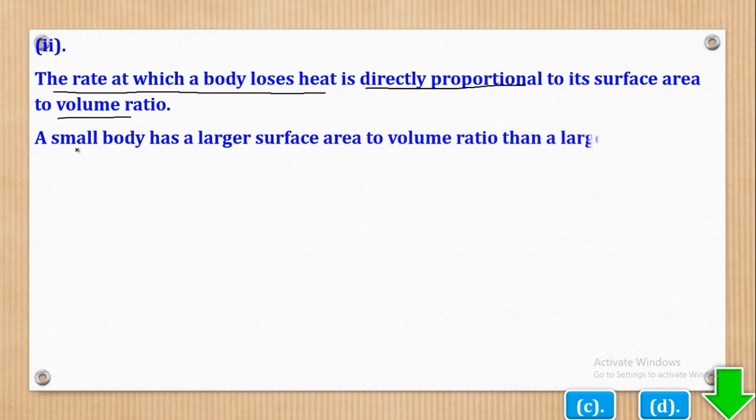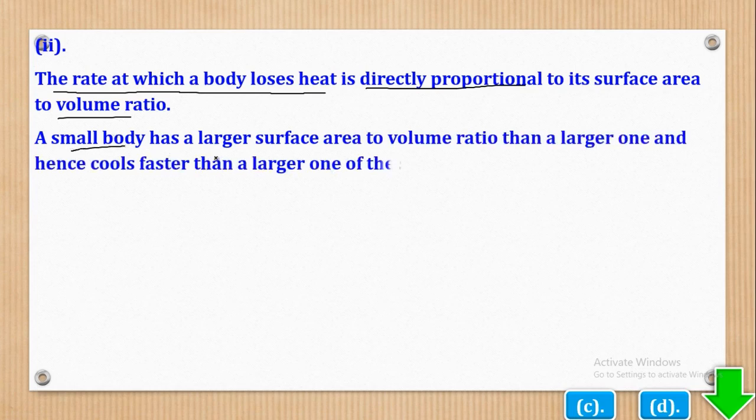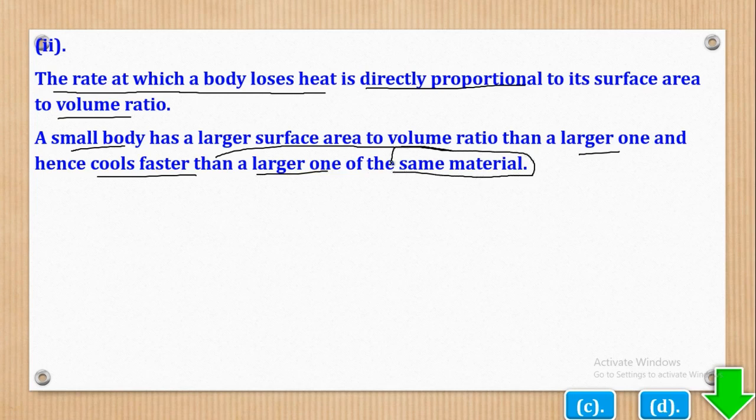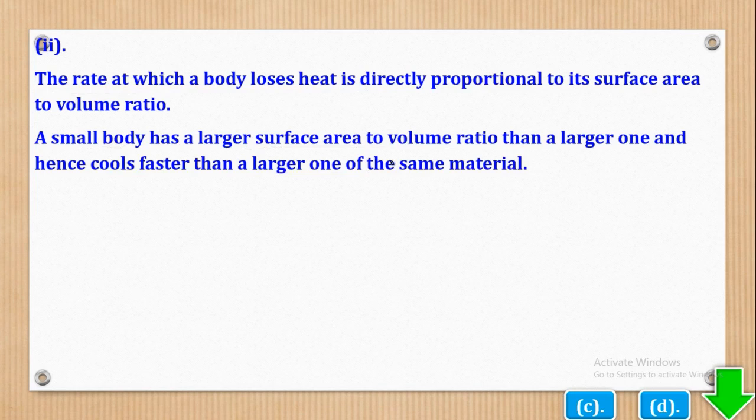What does that mean? It means that a small body has a larger surface area to volume ratio than a larger one, and hence cools faster than a larger one of the same material. Note this phrase, same material. So that was Roman 2. Now we shall go to part D.